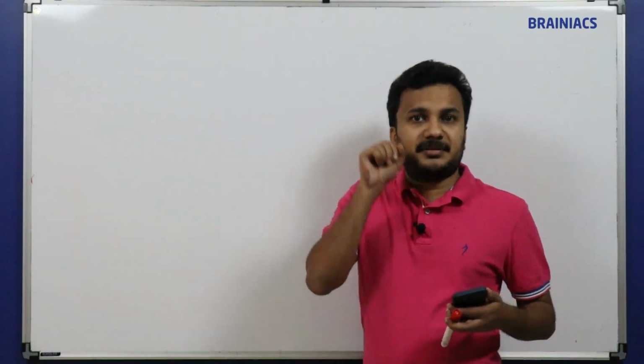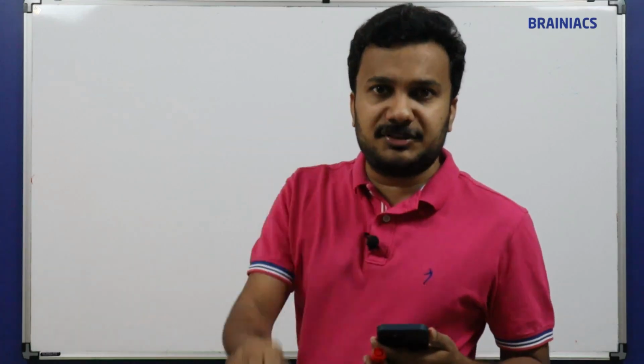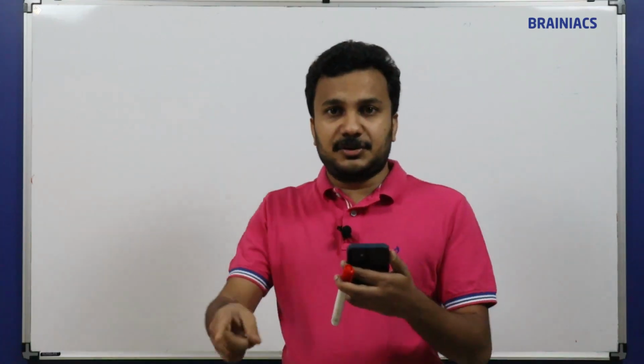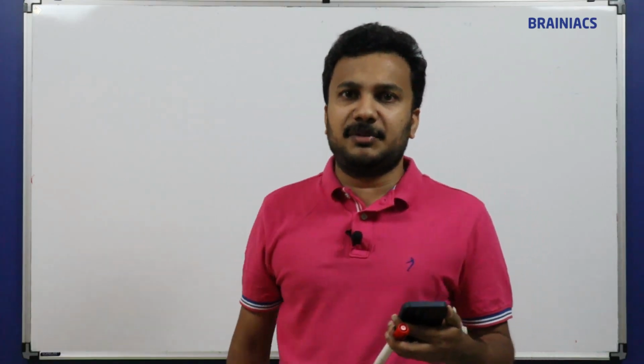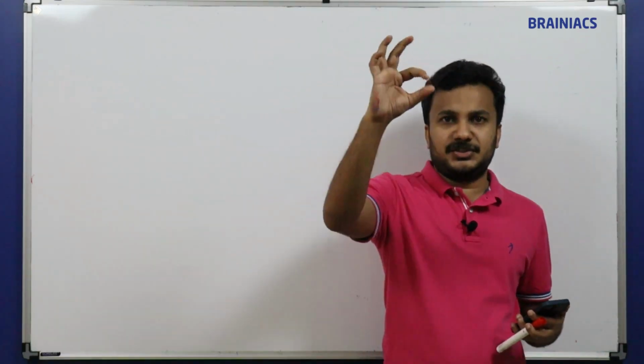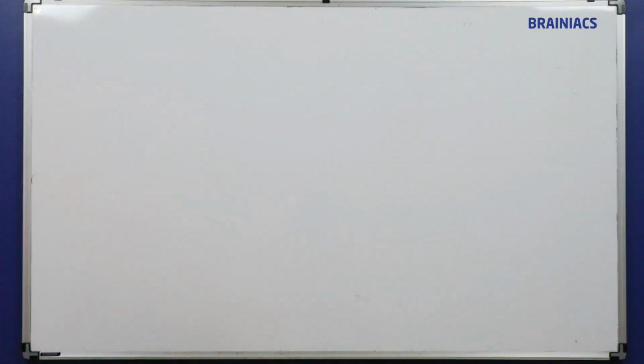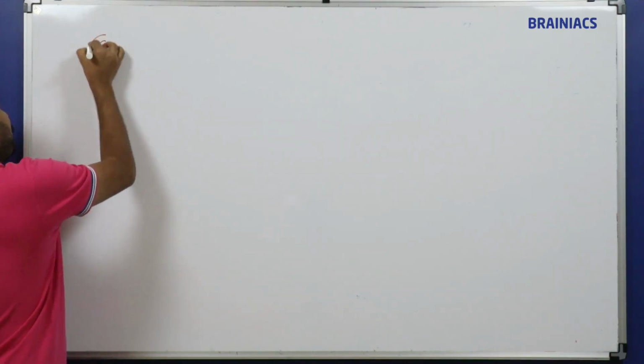Suppose a question is given where the threshold wavelength is 2300 and the given wavelength, instead of 1800, maybe 2600 is given. What is the kinetic energy? 0. Because electrons cannot be emitted, so there is no kinetic energy as well. Great. So let's move to question number 6. Question number 6 is a beautiful question.